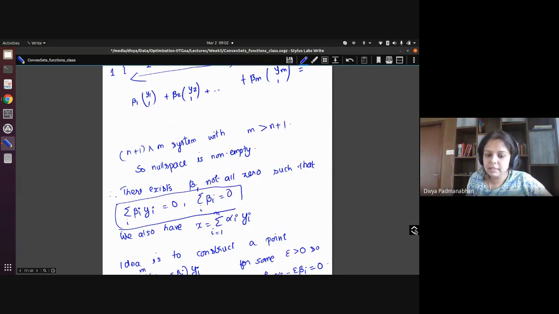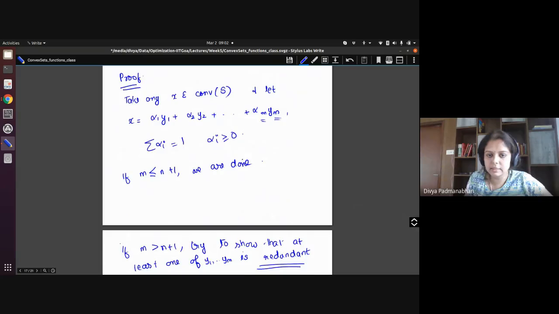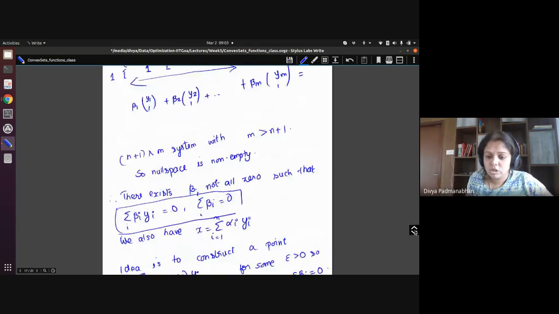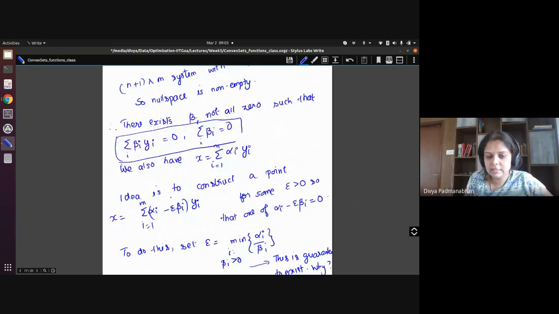And now you remember that you also had this representation, right? X is summation alpha i times yi. So what you can do is construct another representation, with alpha i minus epsilon beta i, for some value of epsilon, which we will see.